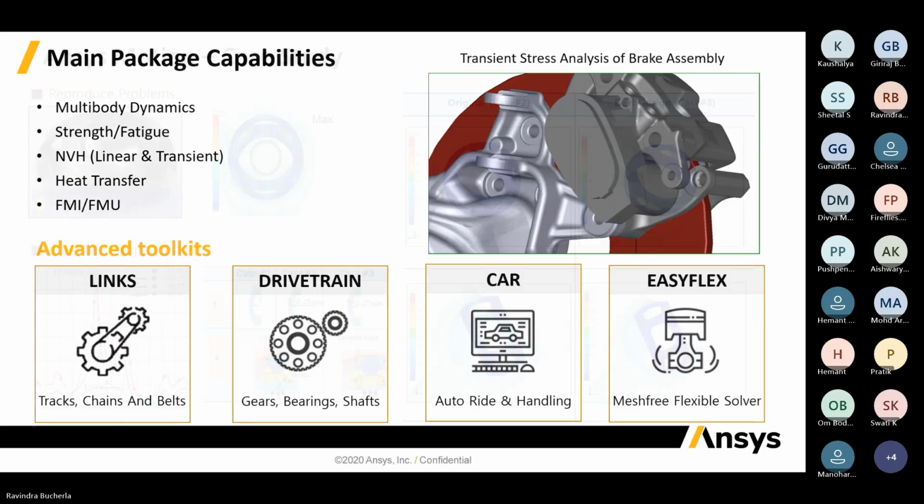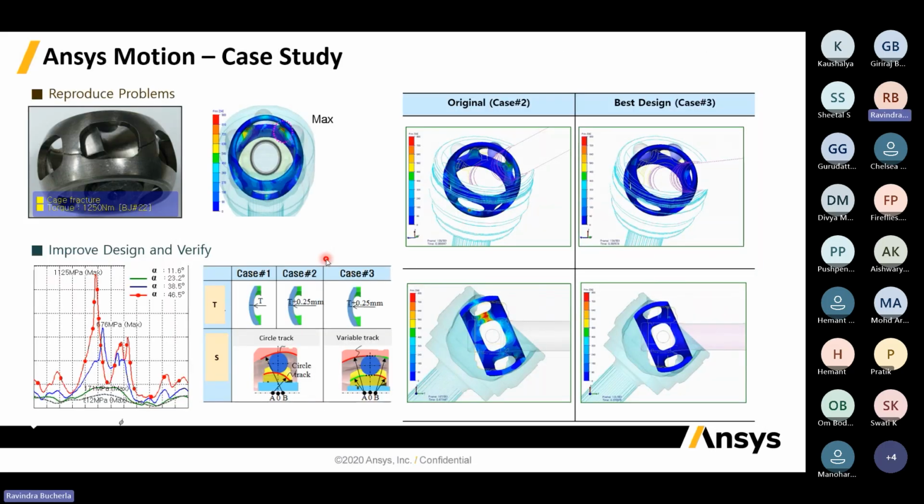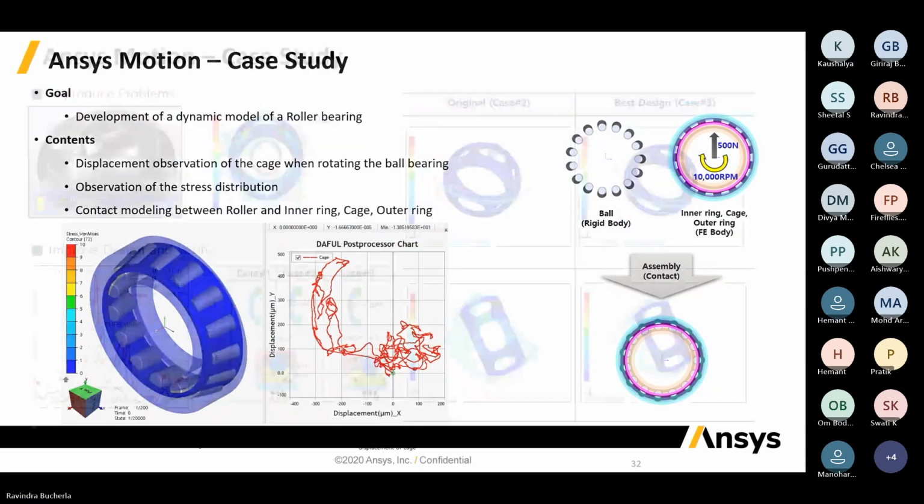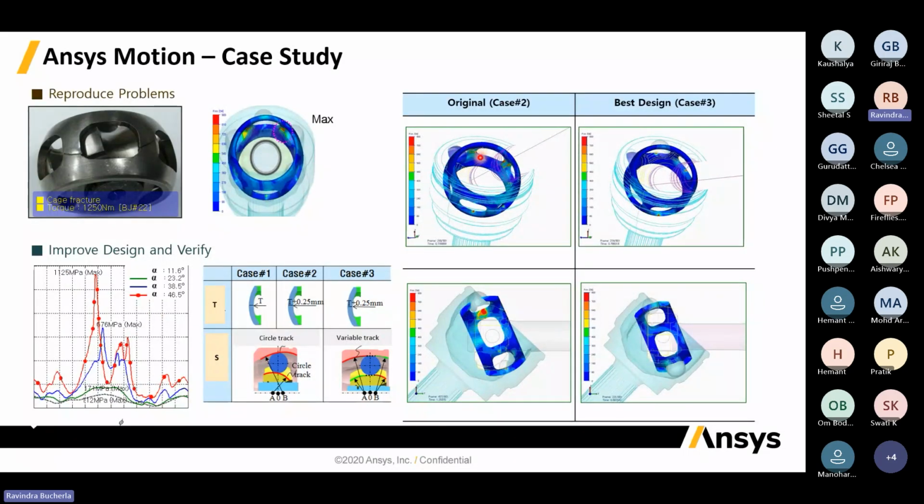So the typical problems we'll be solving: we can solve multi-body dynamics in Ansys Motion, and along with that we can check the strength of the components. In this case, you can see this geometry. This is the original one that we have, which has some failure at this particular location. This is the high stress location, and there is a failure here.